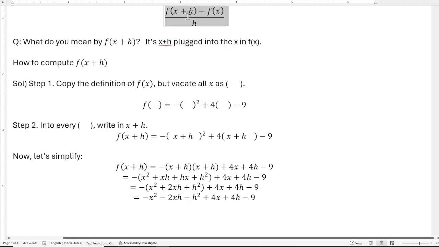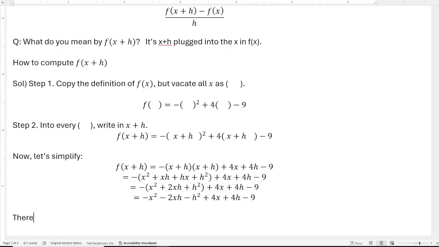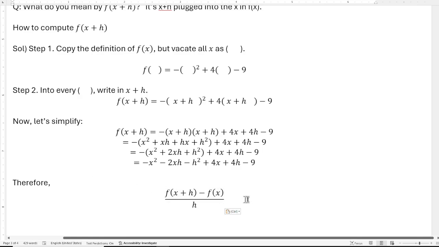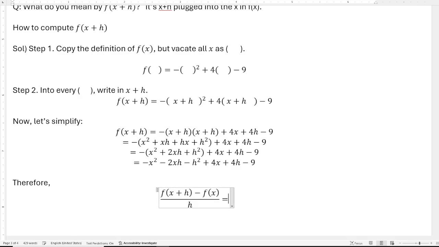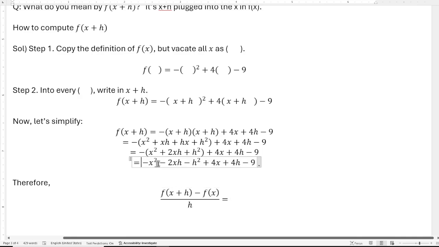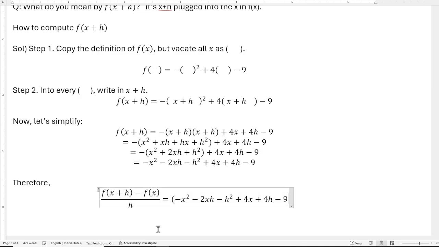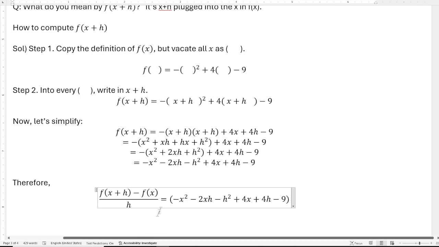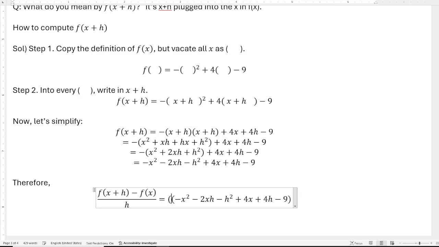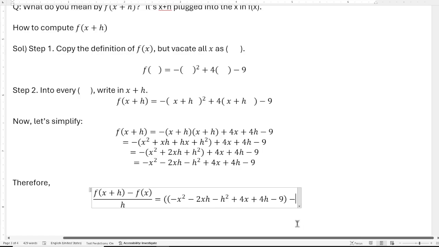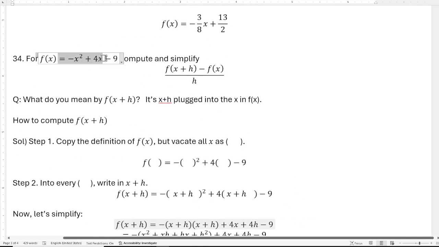Okay, since we know that, we're now ready to compute this. Therefore, this is going to be equal to this thing that we simplified, right? So it's going to be this thing. Okay. And then minus the original function, which is, where is it?